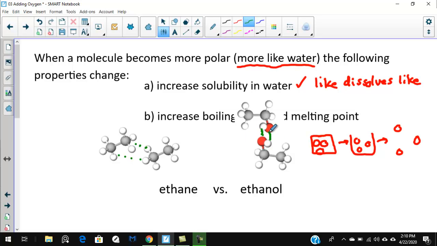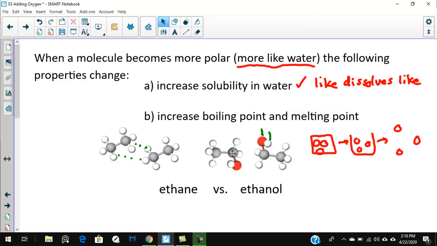It takes lots of energy to separate the atoms of a solid ethanol, so frozen ethanol, into liquid ethanol and into gaseous ethanol. So the better the polarity, the better the attractions between two molecules, and the changes that we will see in their melting point and in their boiling point.